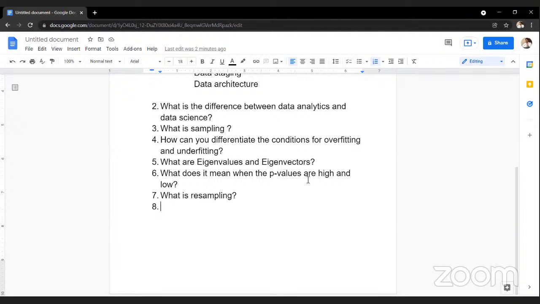Why is resampling required, what is it doing in the data set, and why do we require that? We are going to understand, right? So resampling is a methodology we generally use to sample the data for improving the accuracy.